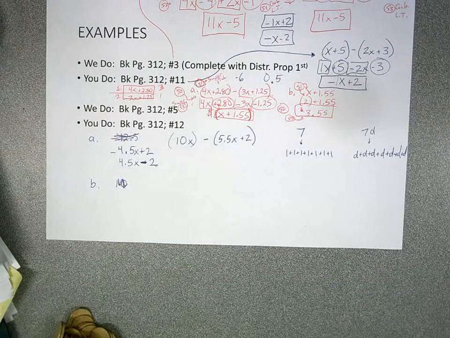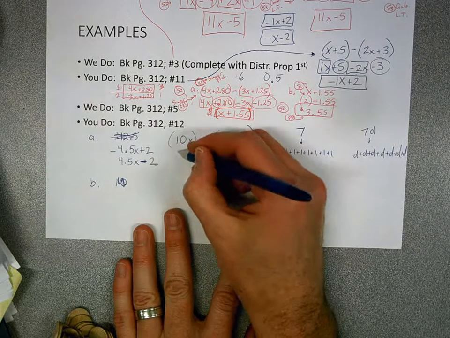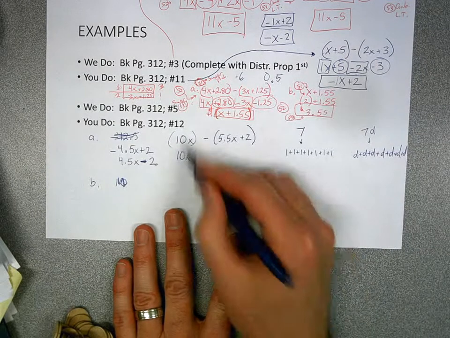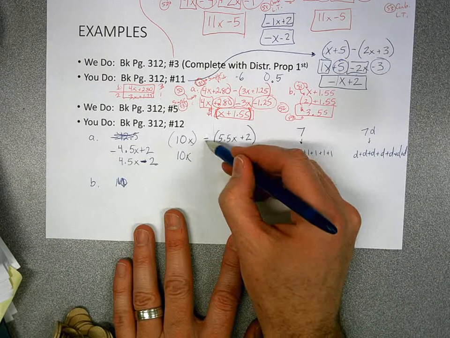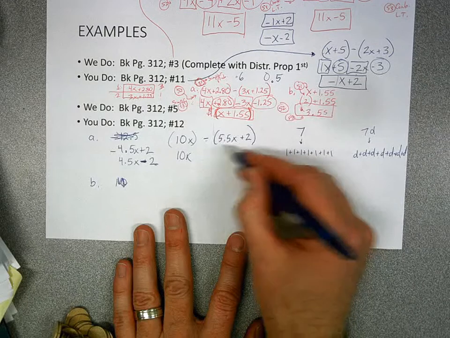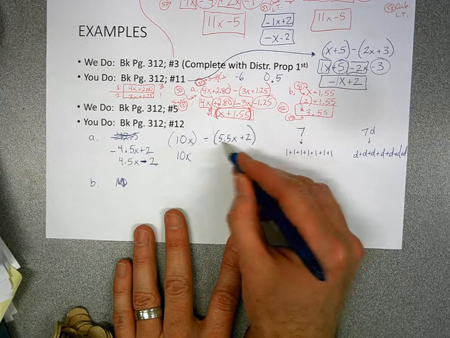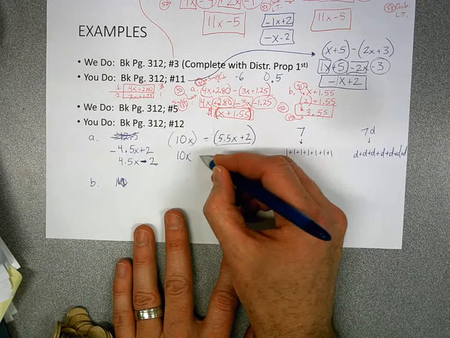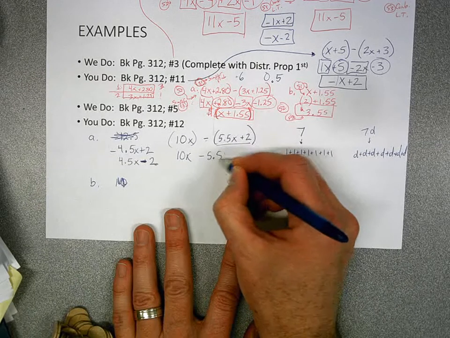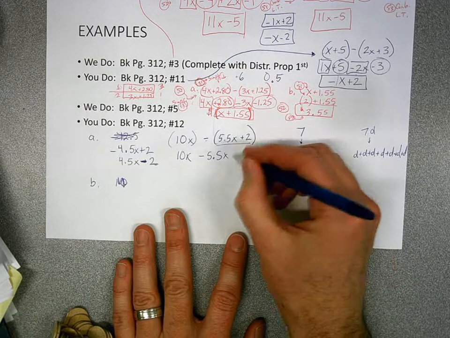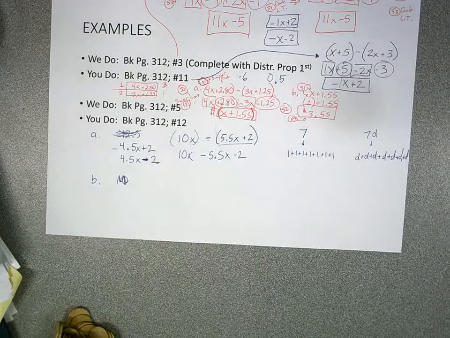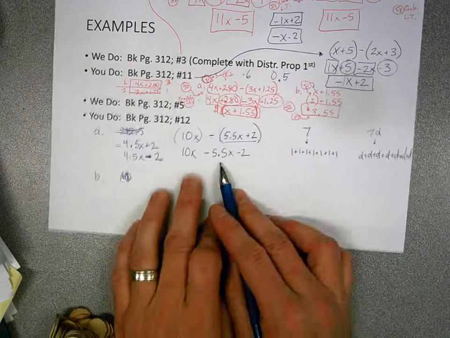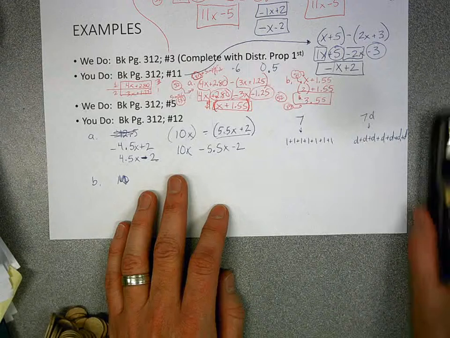Now to do this, we have 10x. We just drop the parentheses. This subtraction sign in front of this linear expression, I'm going to go ahead and change the signs in the parentheses. So instead of positive 5.5, it's negative 5.5x. Instead of positive 2, it's negative 2. So I take a look. I'm now ready to combine like terms.